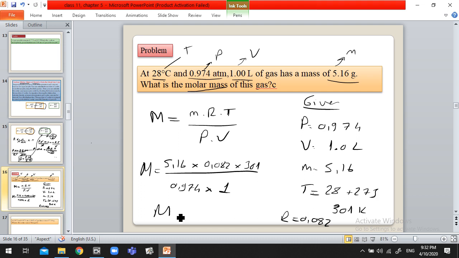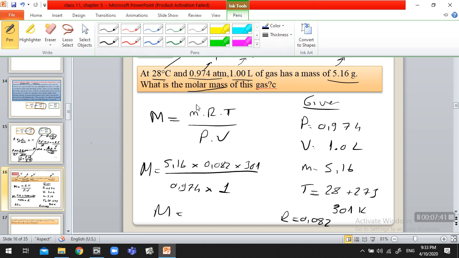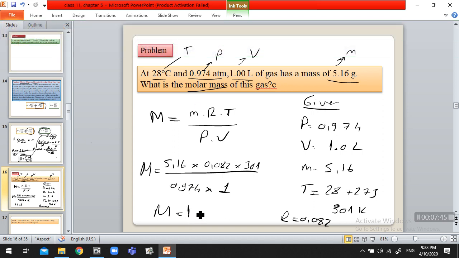If you calculate that one, you will see, let me calculate for you. If you calculate, you will see the answer is 130.7 gram per mole, the molar mass of this unknown gas.